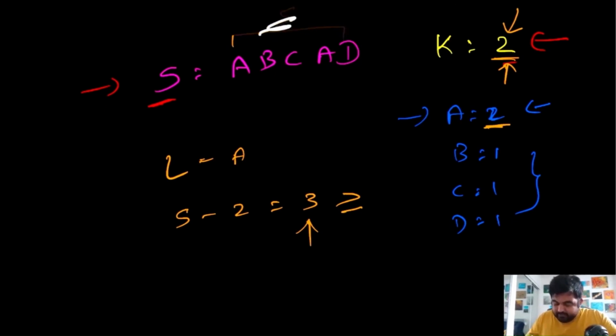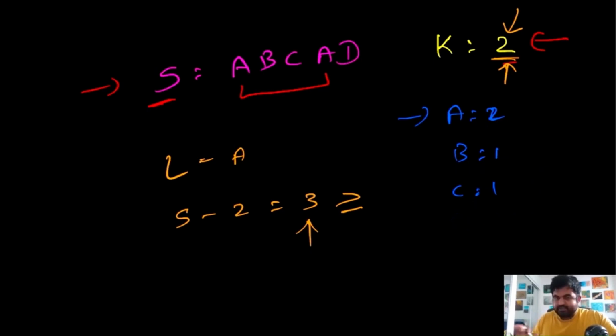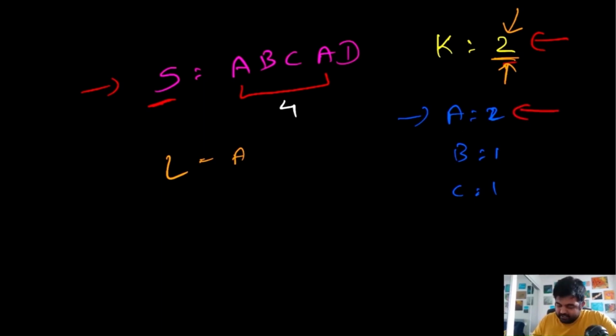But if we shorten our search to these 4 characters, what is the breakdown of the number of occurrences of every character? A still occurs twice, B occurs once, C occurs once, but D is not appearing, so we ignore it. Now the length is 4. If we apply the same formula, length minus the maximum occurred value, which is still A, we do 4 minus 2.